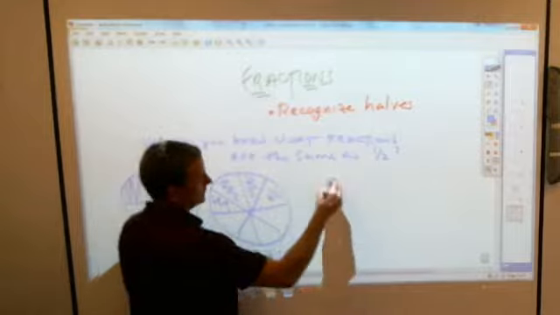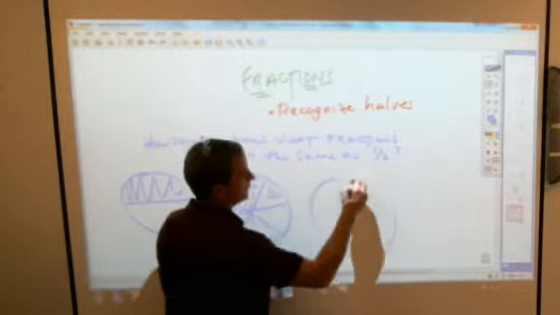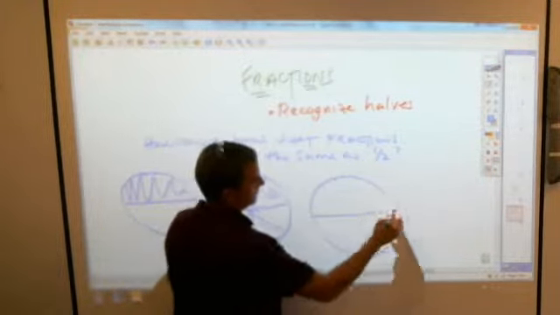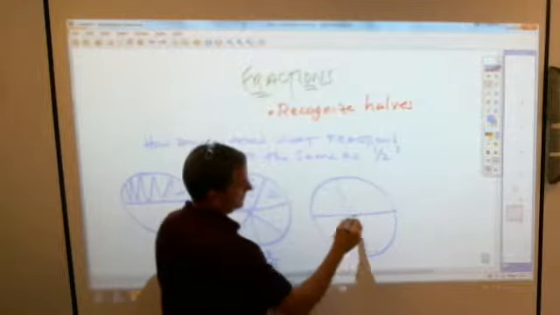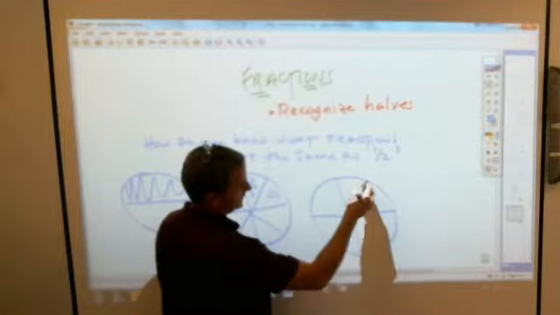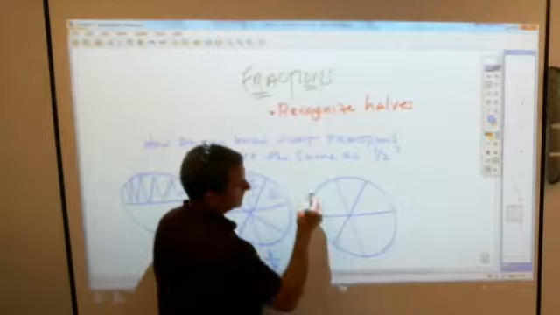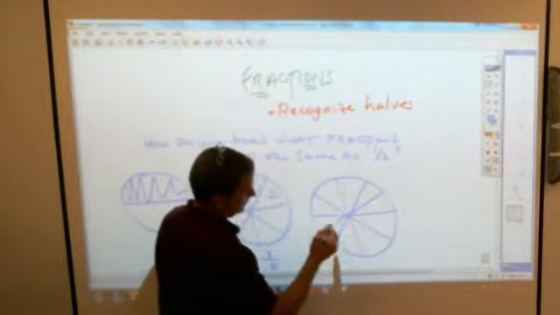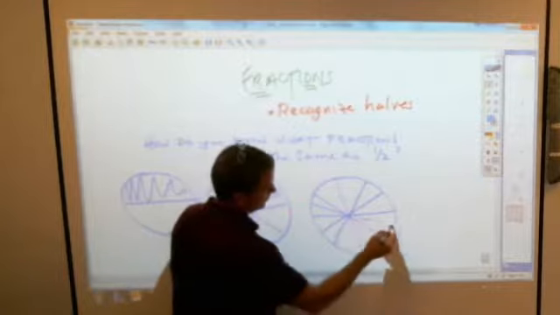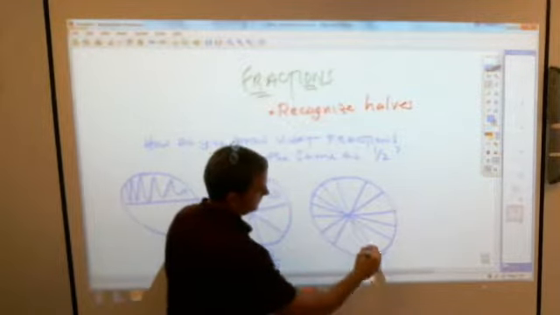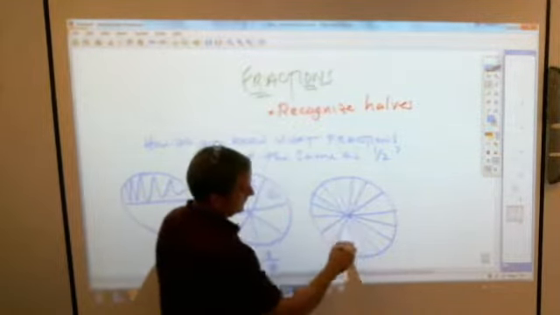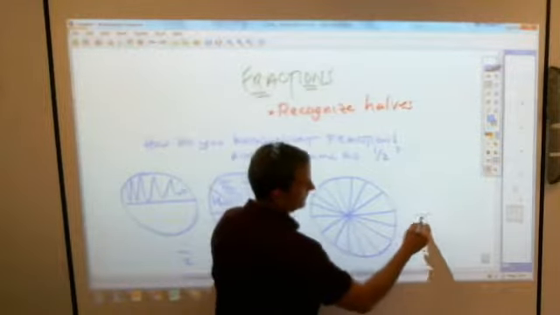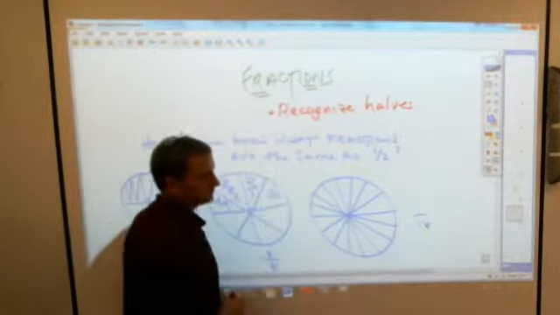Or quite possibly, maybe you wanted super thin pieces, and the little pizza place decided that they would cut each one of those in half. Like sliver pieces. And they cut it into 16 pieces.